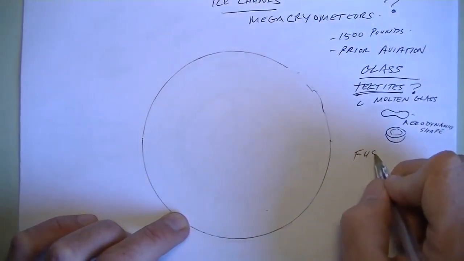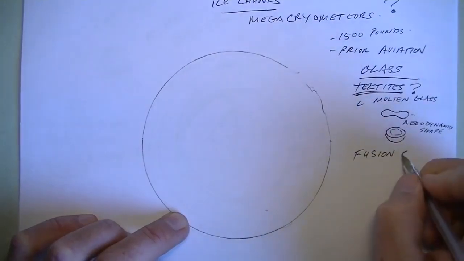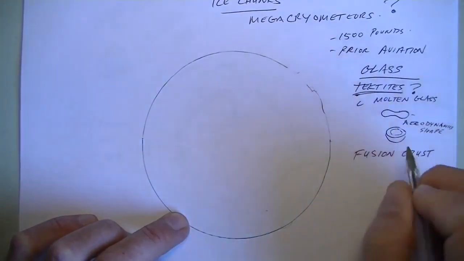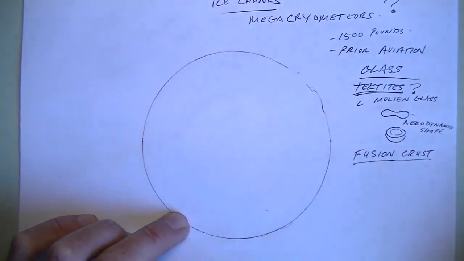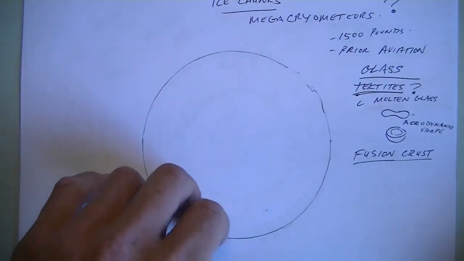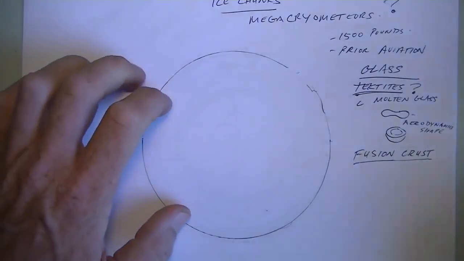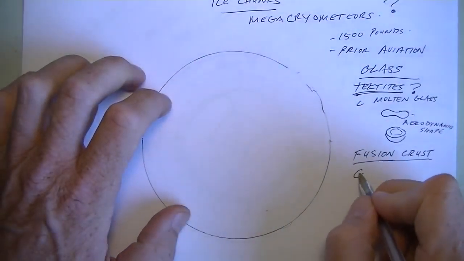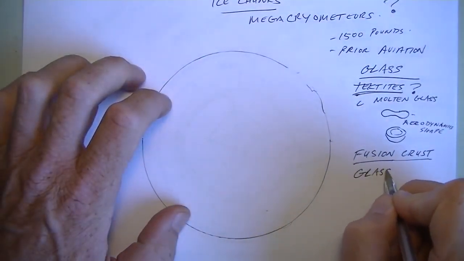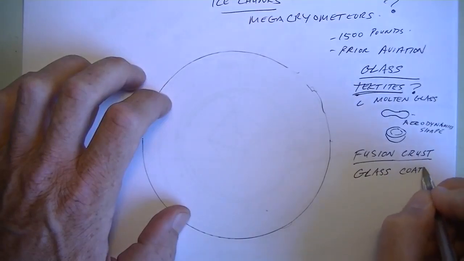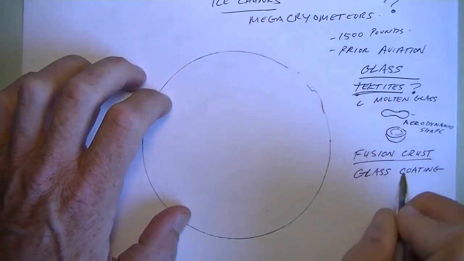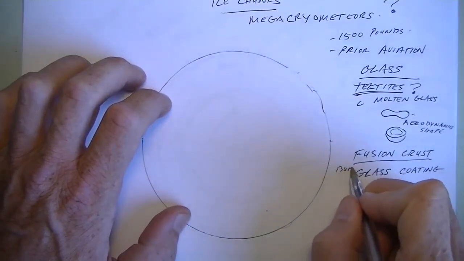Fusion crust on meteorites. Fusion crust. One of the main features on meteorites, and the way to detect whether a rock is a meteorite or just a terrestrial rock, is that it's covered with a glass coating about 1 millimeter thick. It's burnt glass.